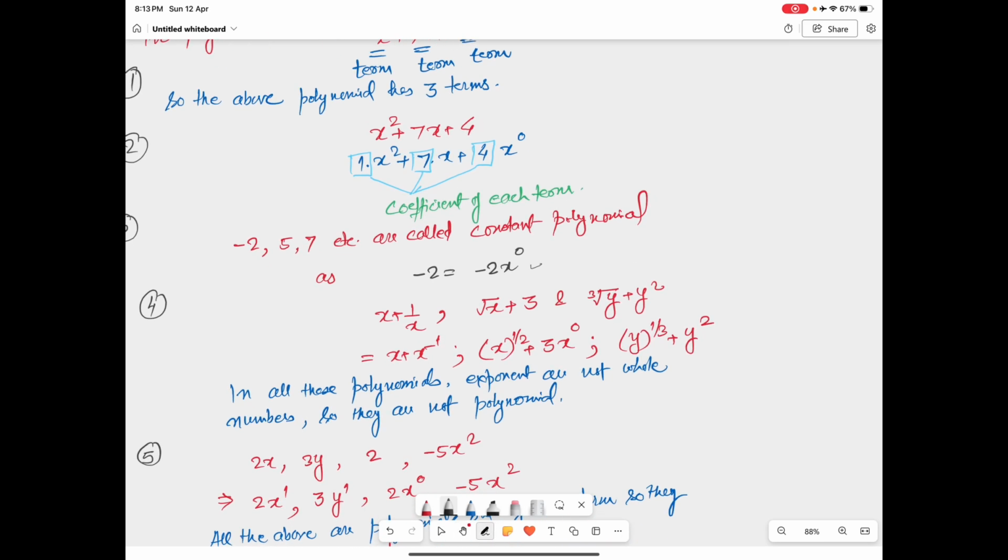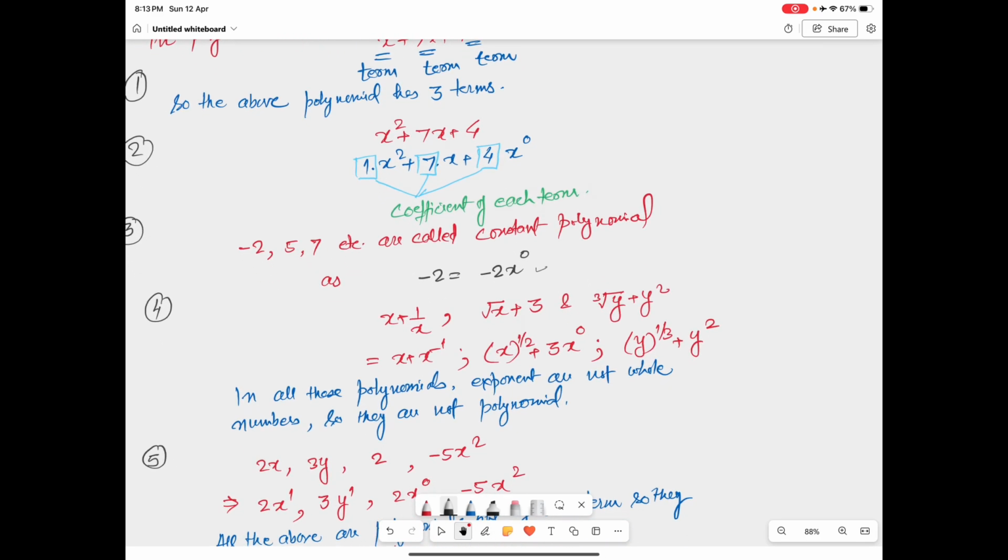Now I can take some more expressions: x plus 1 by x, root x plus 3, and y to the power root cube plus y square. If I write all these terms, I can write them as x plus x to the power minus 1, x to the power half plus 3x to the power 0, and y to the power 1 by 3 plus y to the power 2. As I have explained, a polynomial is one where all the exponents are whole numbers.